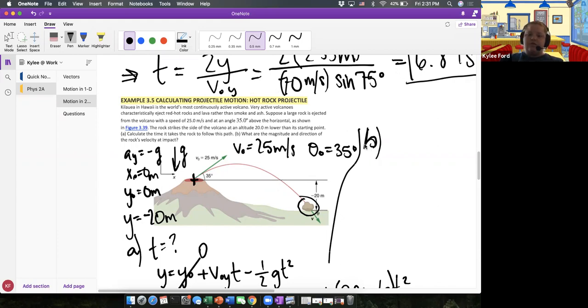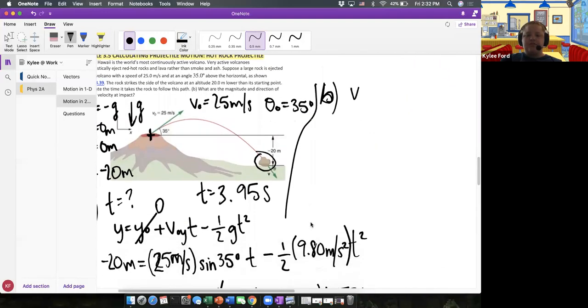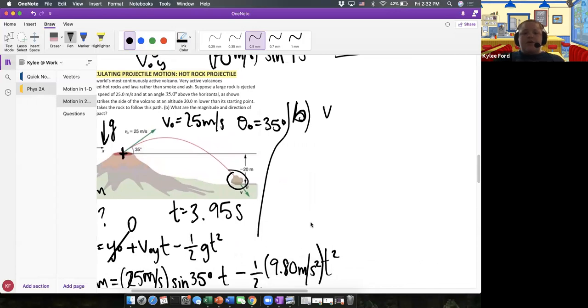We now also know that our time is equal to 3.95 seconds, just want to make sure. So now we want to know the magnitude and the direction.